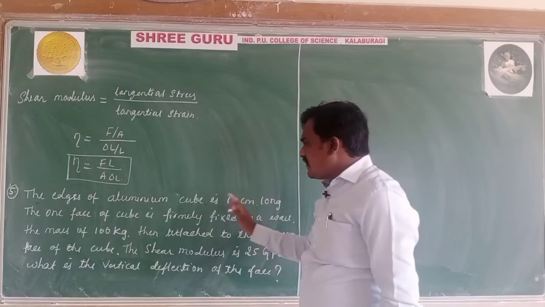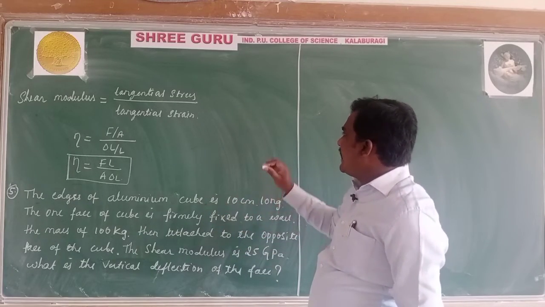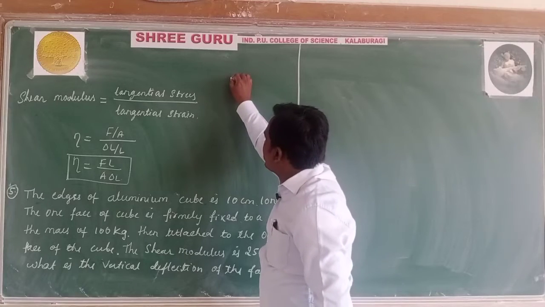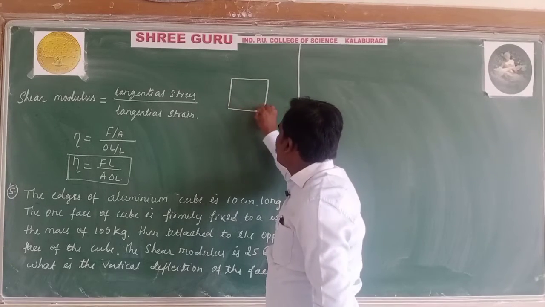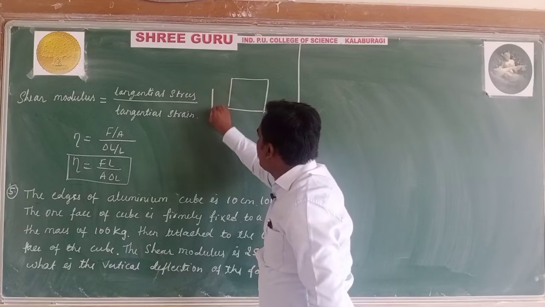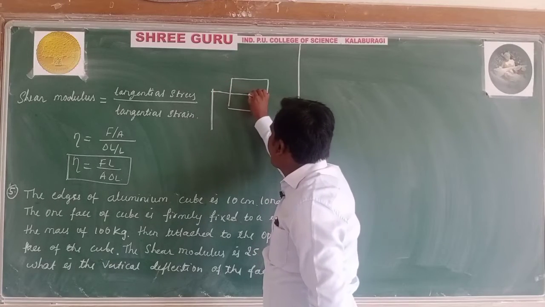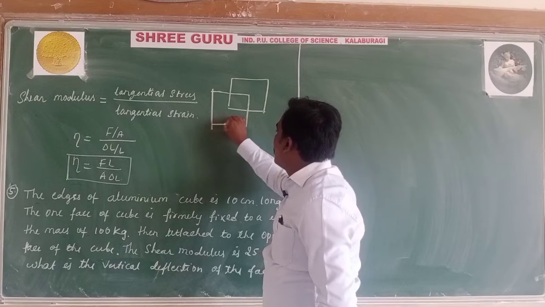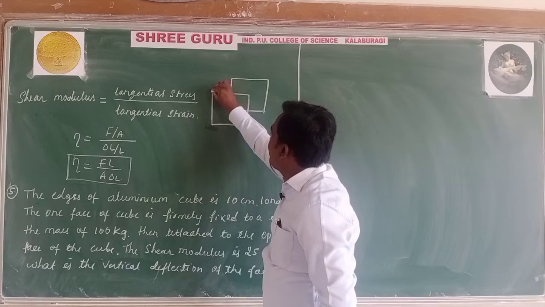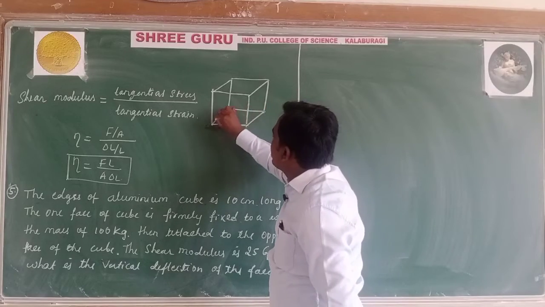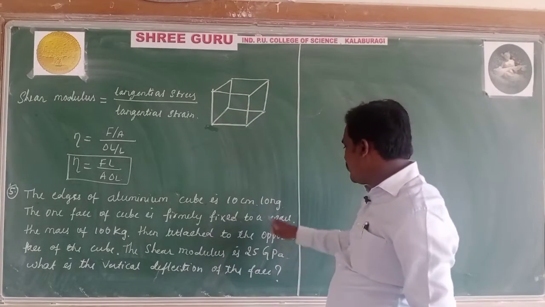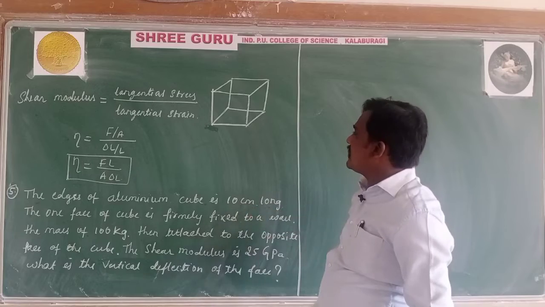Let us convert this question into the form of a diagram. Just consider a cube. This is our given cube. The edges of this aluminum cube are 10 centimeter long.